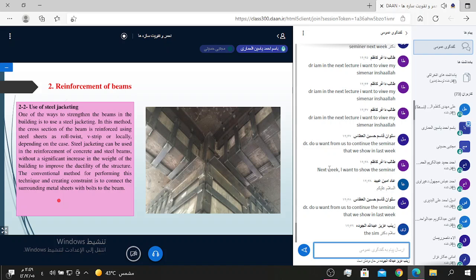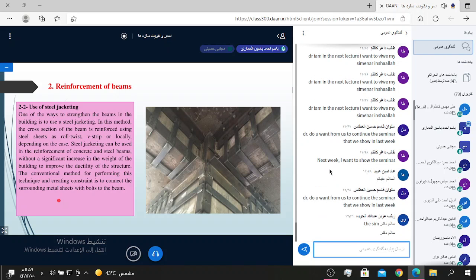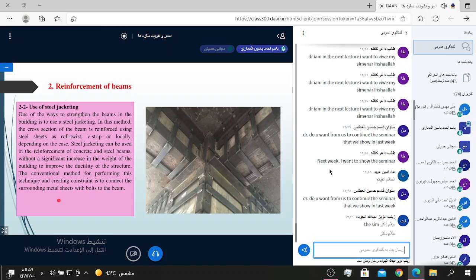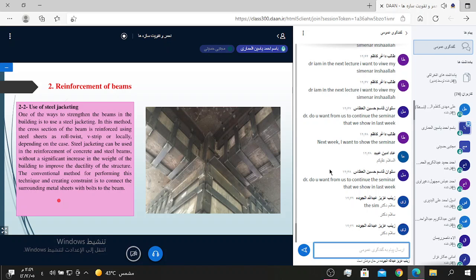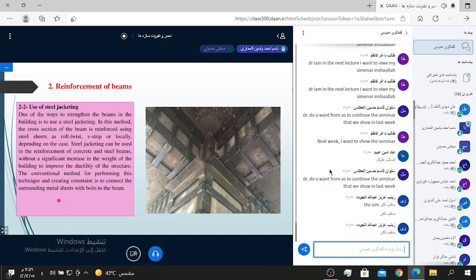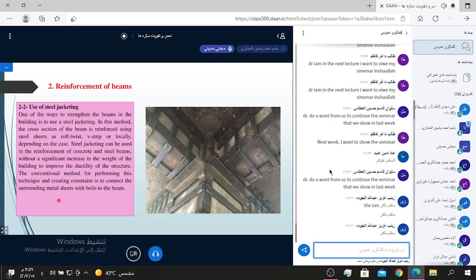Depending on the case, steel jacketing can be used in the reinforcement of concrete and steel beams without a significant increase in the weight of the building. A potential method for performing the technique is to connect the solid sheets with hooks to the beam.